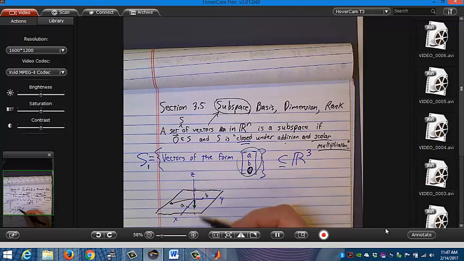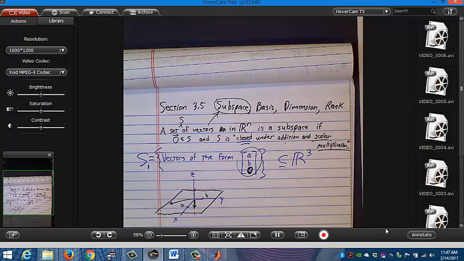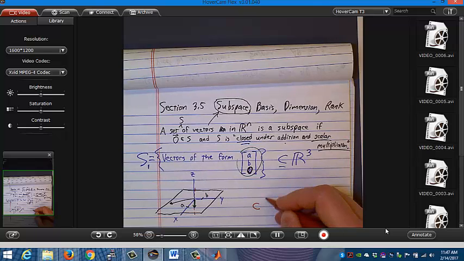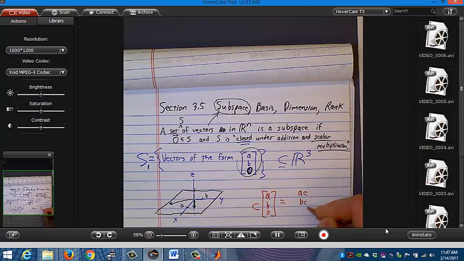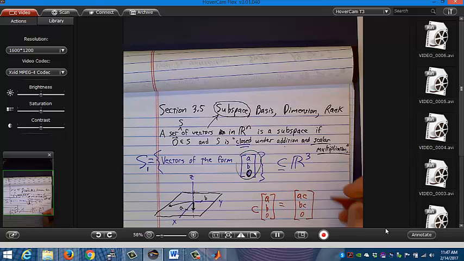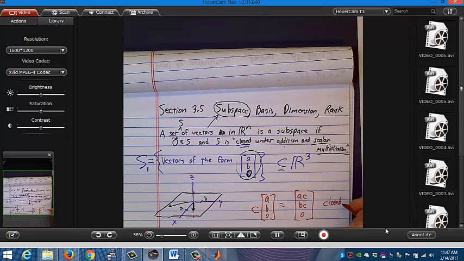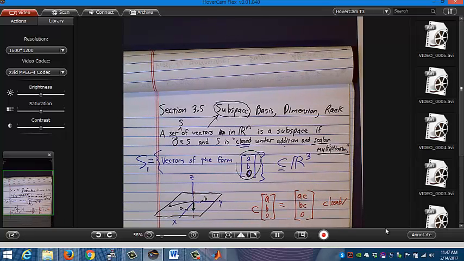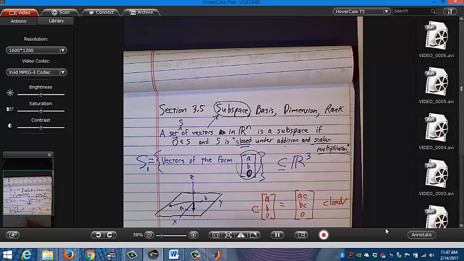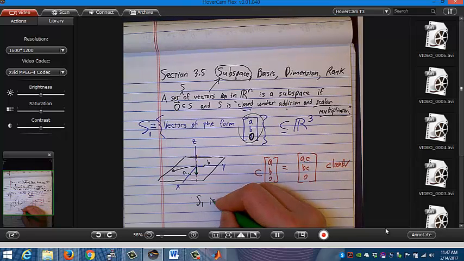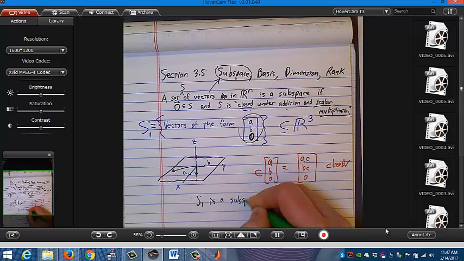So that's where I was checking, is it true that some constant C times A, B, 0 equals AC, BC, and then 0 times C is 0, so that's closed, right? Oh, one last one. Is 0, 0, 0 in the set? Yeah, if you set A equal to 0 and B equal to 0. So that proves that S1 is a subspace of R3.